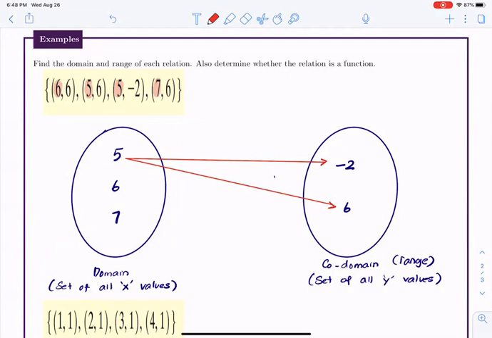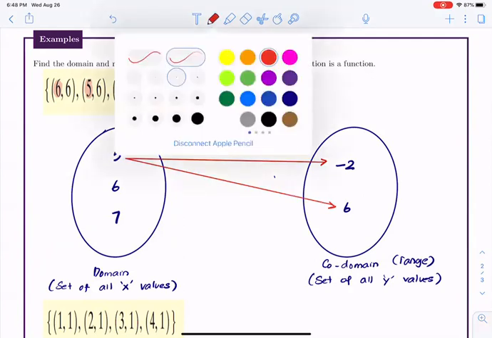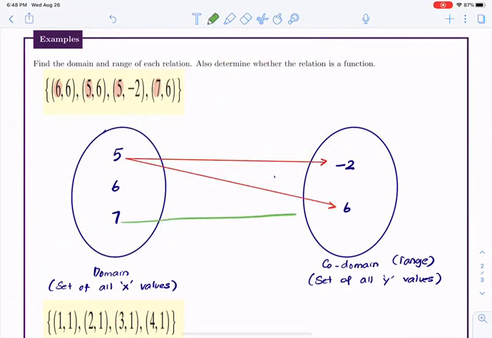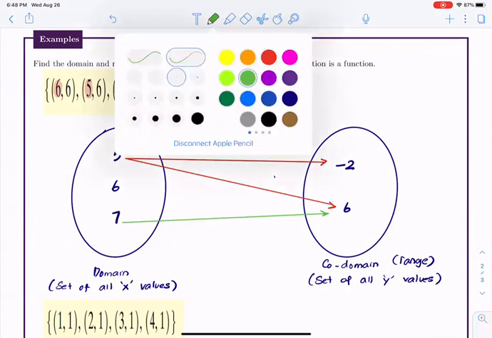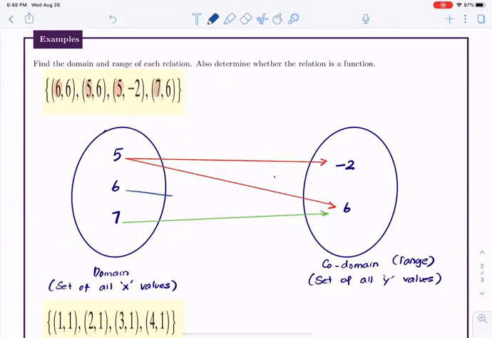And 7 takes on the value 6. And 6 takes on the value 6. So that would be the relation between the set of x values that we have, which is 5, 6, and 7, and the set of y values, which would be -2 and 6.